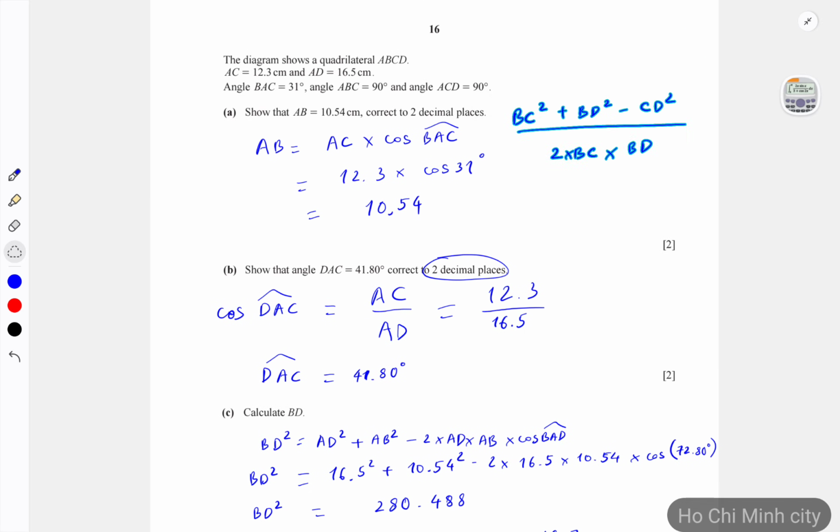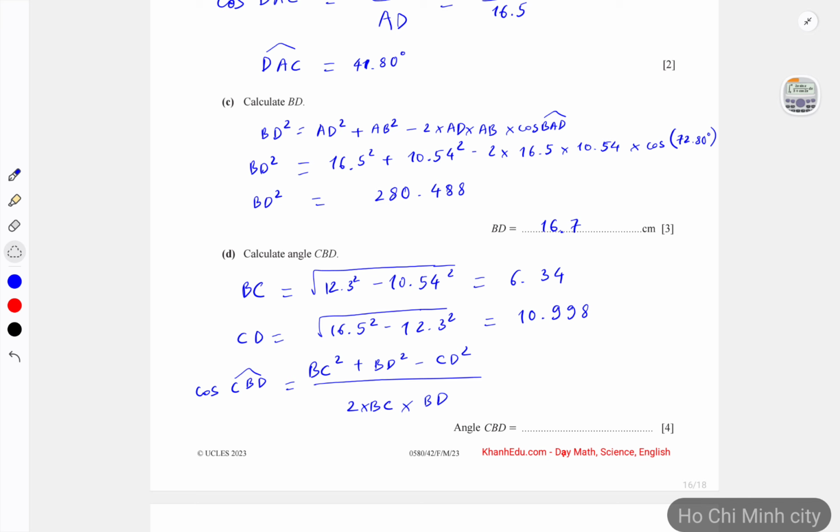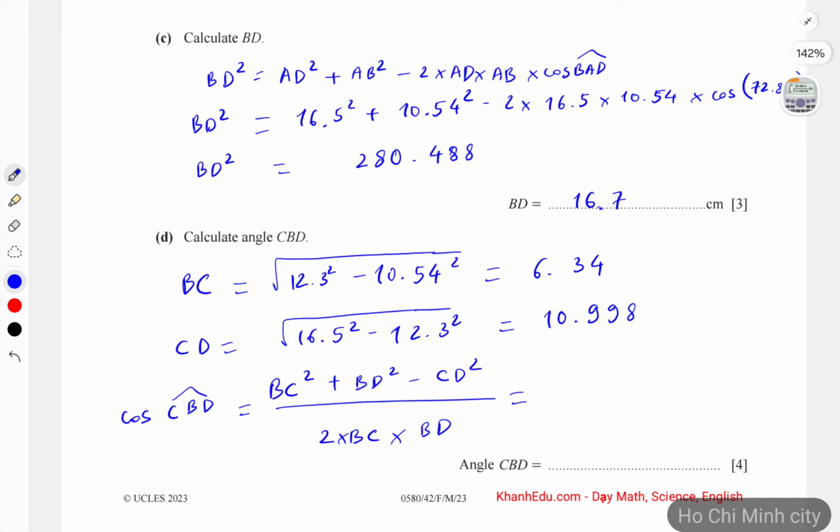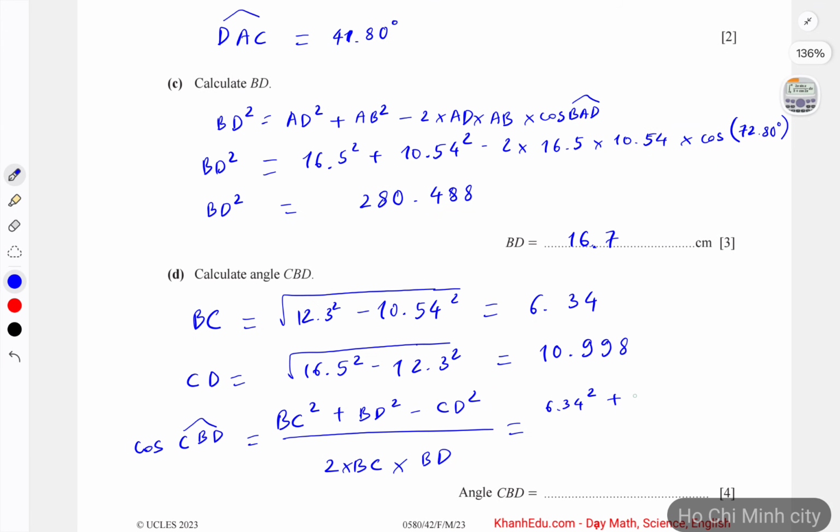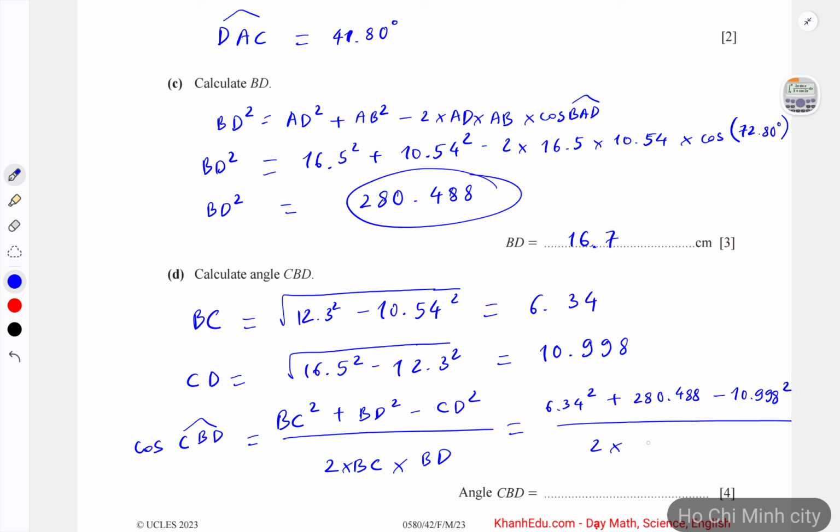All right. So now plug the values into this equation. We have BC is 6.34, BD squared is 280.488, minus CD squared, 10.998 squared, divided by 2 times 6.34 times the BD, which is 16.7.